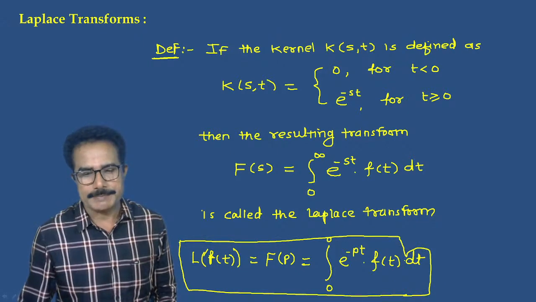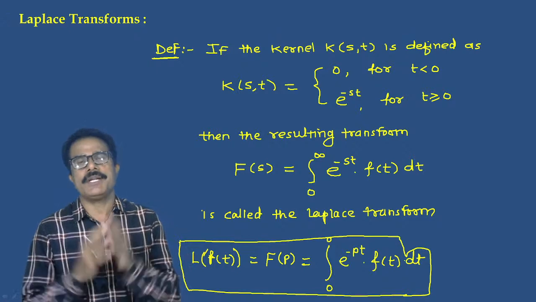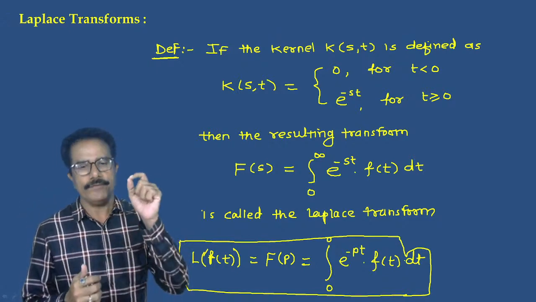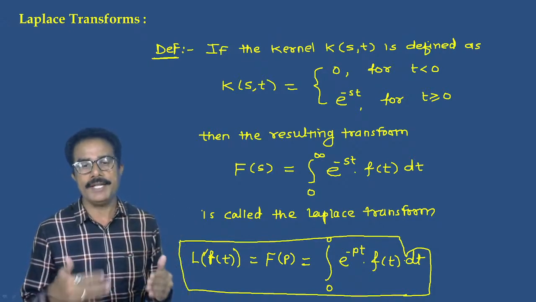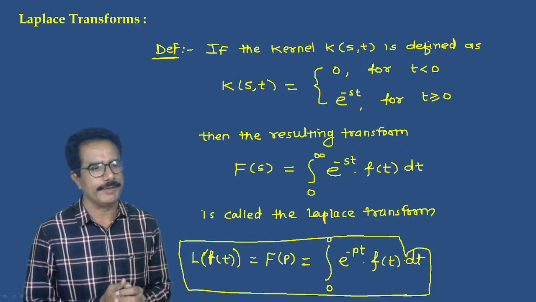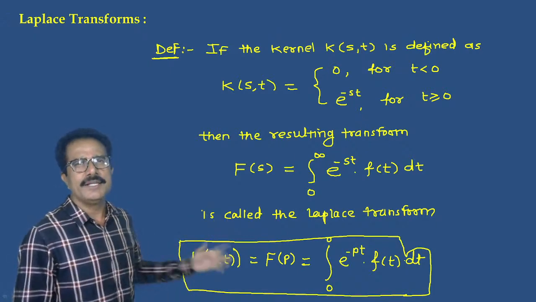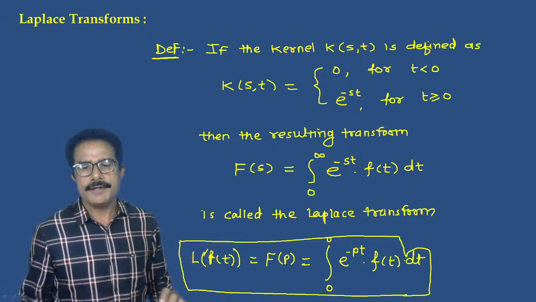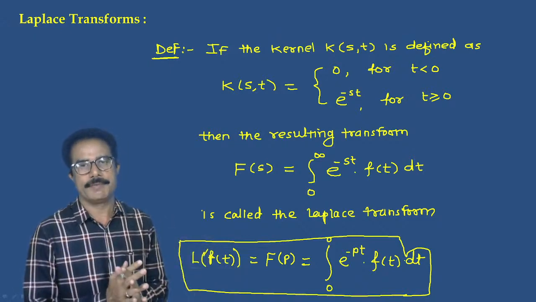Now here you must know that the Laplace transformation of many functions can be obtained by routine formal integration of a definite integral. By using this formula, by integrating this, we can obtain the Laplace transformation. Here we can treat p as real or complex.